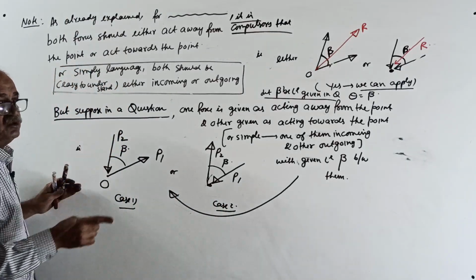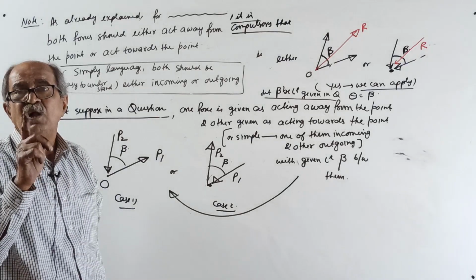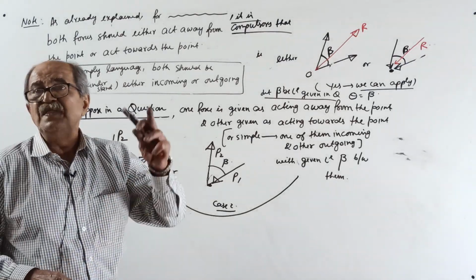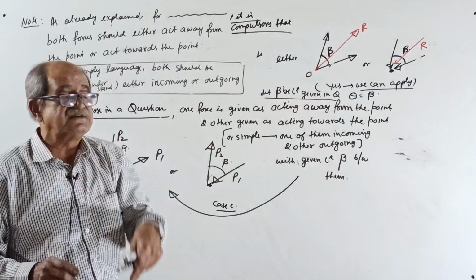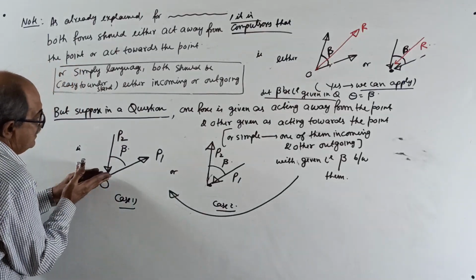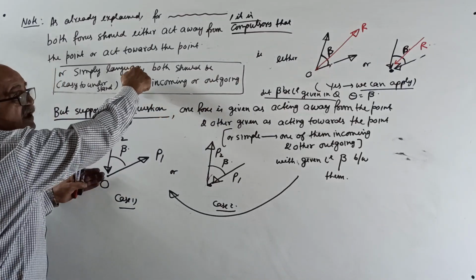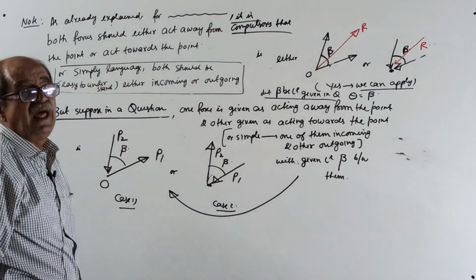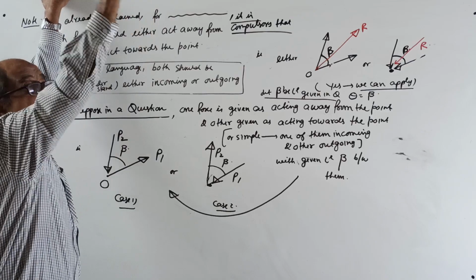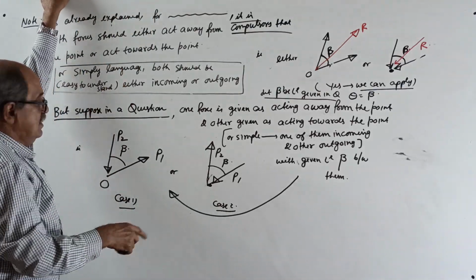Those who are serious should write all these things. I told you in the notes I write everything in words. Case 1: P1 is acting away from the point, P2 is acting towards the point. In simple language, P1 is outgoing, P2 is incoming.